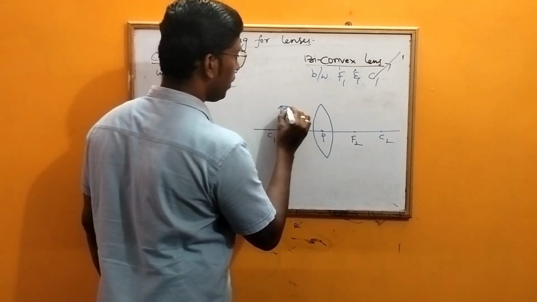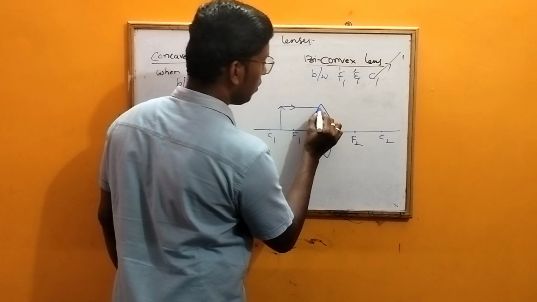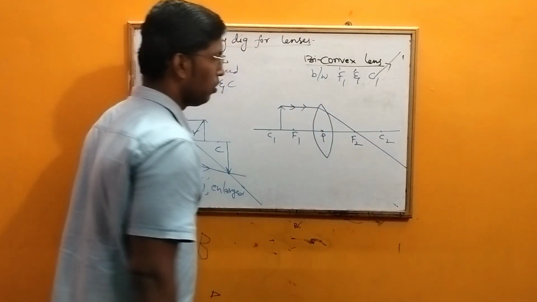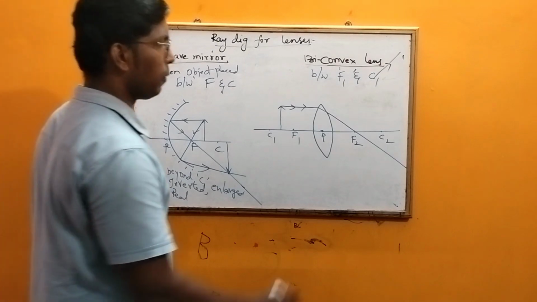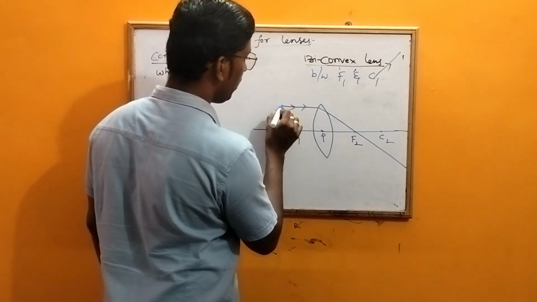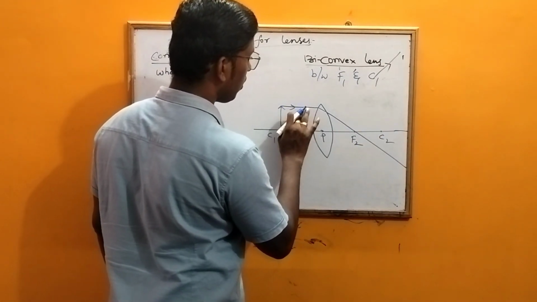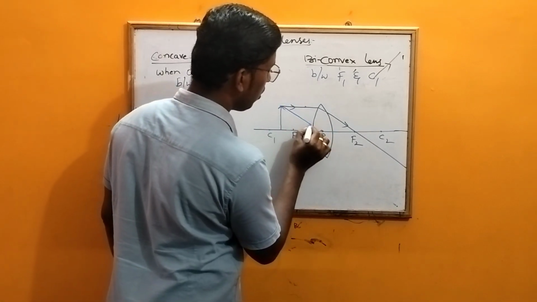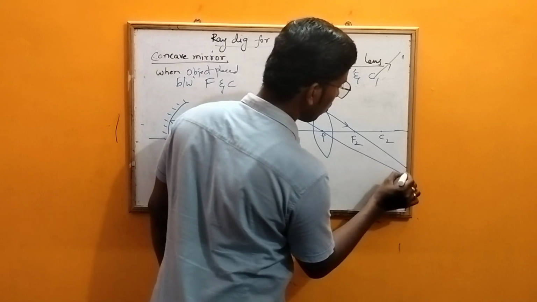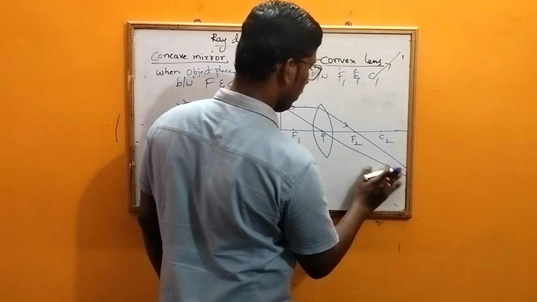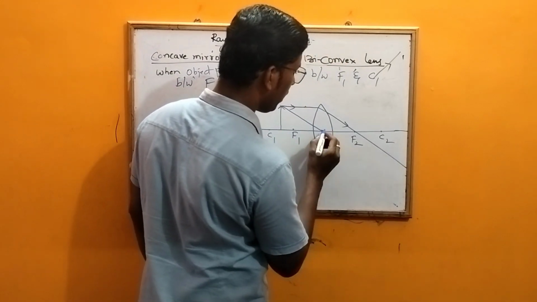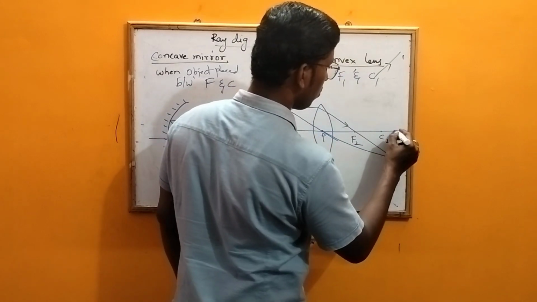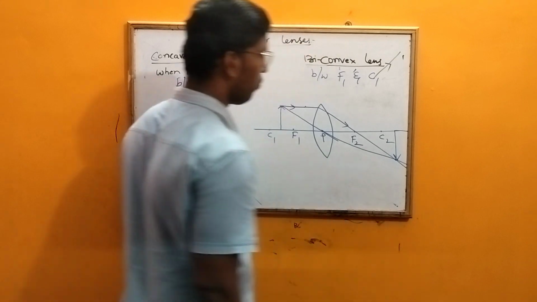So I will take a parallel line. The light ray parallel passes through the focus point. Here I don't have space, so take a light ray from the optic center. If you extend, they meet at a point. Just consider here, the image is formed.